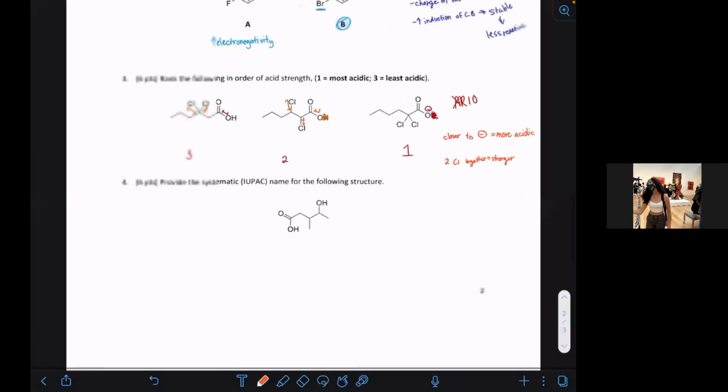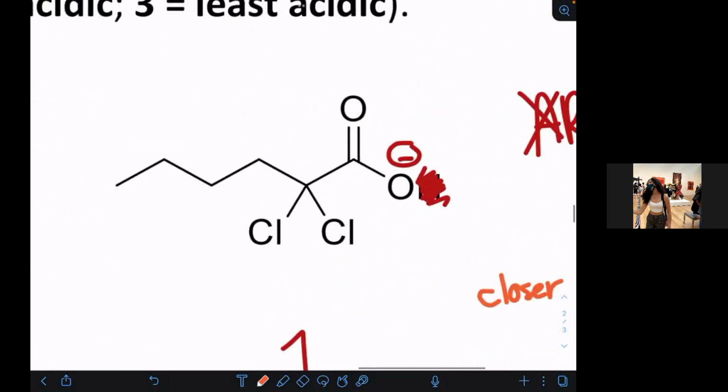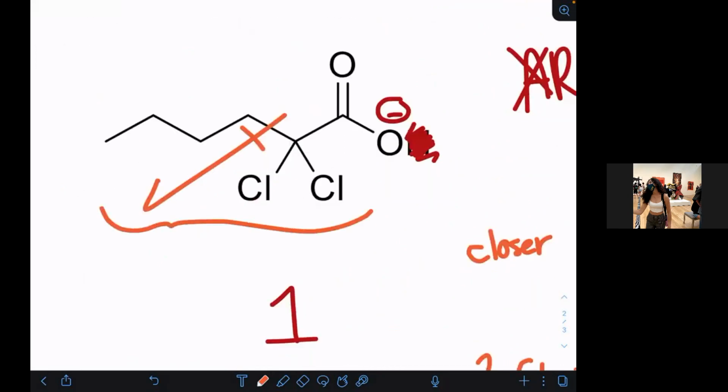Let me see if I can make this make sense. If it's closer, I'm thinking it'll be more electronegative, which means it's a stable conjugate base, which means it's a strong acid.